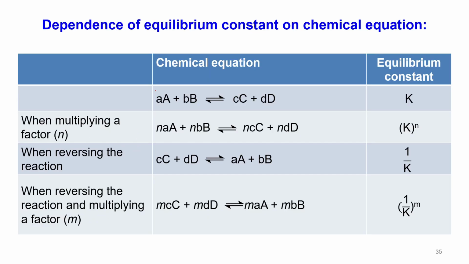Kalau equation kita A plus B produce C plus D, okay, constant kita letak K. When multiplying a factor N, NAA plus NBB produce NCC plus NDD, which is K power of N. Bila kita reverse the relation, C plus D produce A plus B, jadi K tadi kita akan invert, jadi dia 1 over K. Bila kita reverse the N, kita multiply dengan nilai M, jadi C times M, D times M over M times A plus M times B. Okay, so this one is the constant.